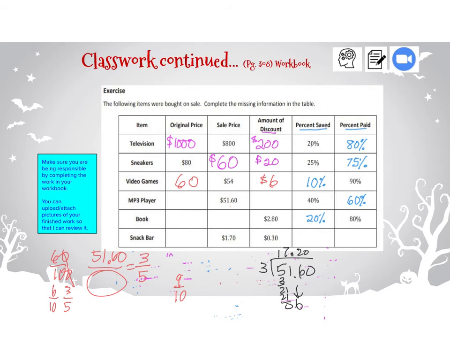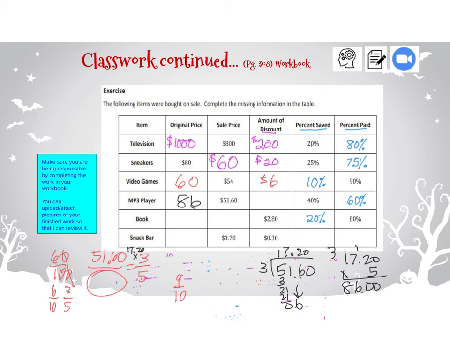That's 17.20. So this is times 17.20. So what is 17.20 times 5? It's $86 if I did my math right.